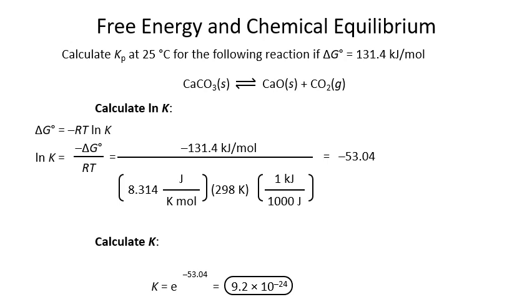And after, to get rid of ln, we take e to the power of negative 54.04, and our final K value should be 9.2 times 10 to the negative 24.